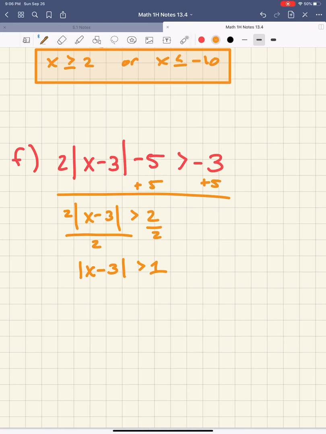And now that it's been isolated, I can go ahead and decide, is this going to be an AND or an OR compound inequality. This is an OR because it's a greater symbol.